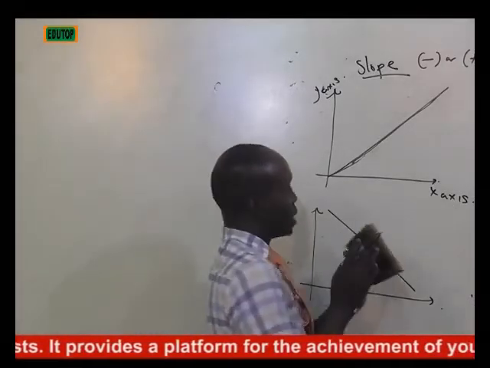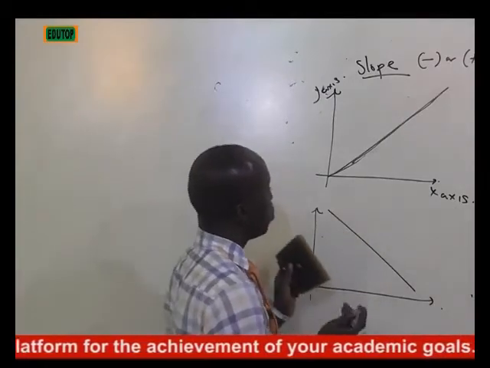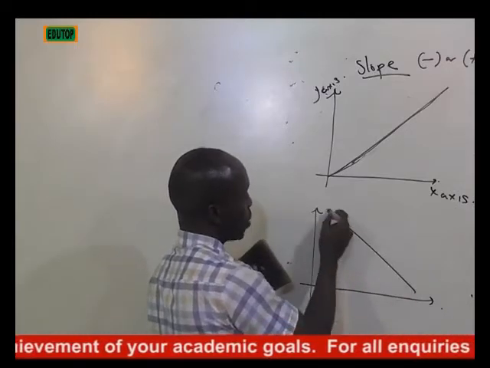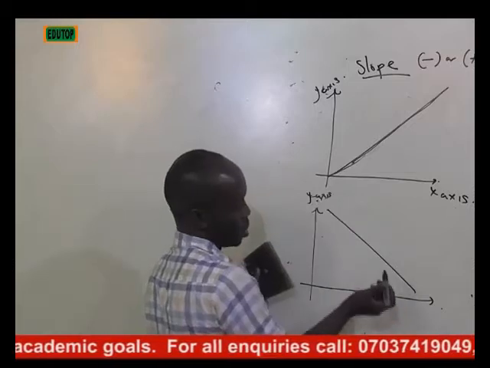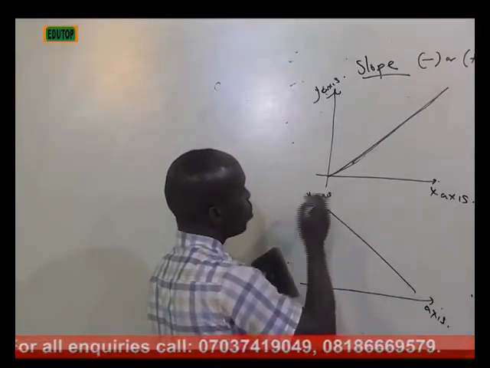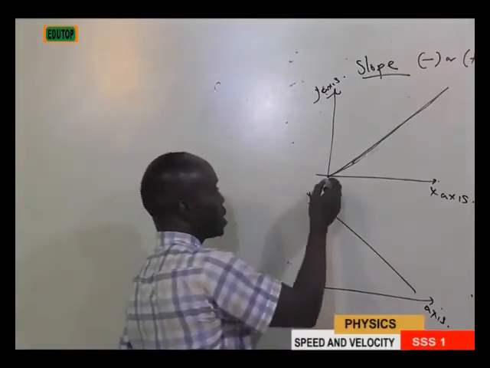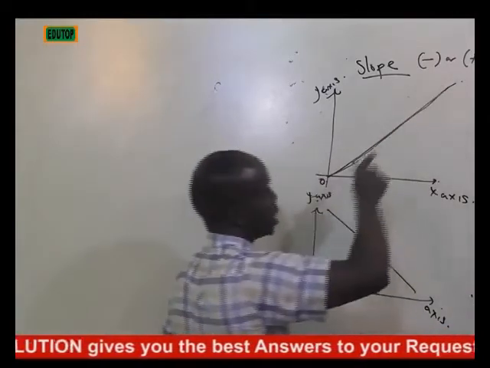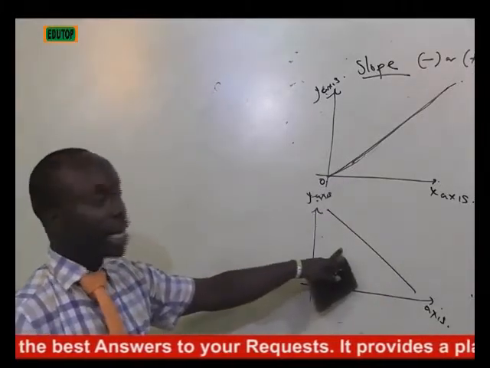How do I get the negative slope? I only get the negative slope if the diagonal line is starting from my y-axis and ending at the point of my x-axis. But you get a positive slope when your diagonal line is starting from point 0 and extending upward diagonally. But when you have this type of slope, it's a negative slope.